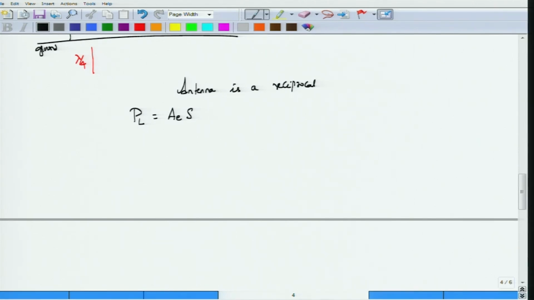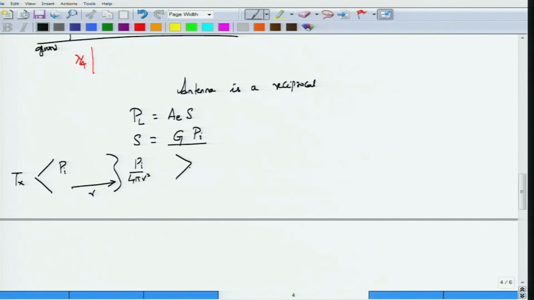Okay. If the antenna has a certain gain, then the power density that would be received will also be scaled up similarly. So, the power density S will be equal to G times whatever power density that you have. So, if you have a transmitting antenna which is putting out a total power of Pt, the power density at a distance r will be equal to Pt by 4 pi r square.